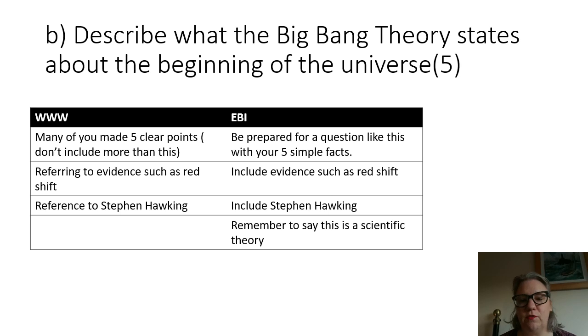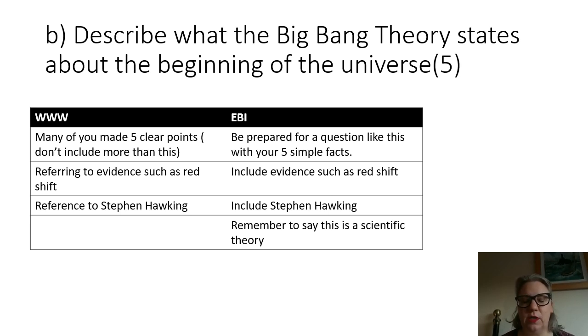Next, it would be great for this kind of question, so Big Bang or evolution, to have evidence to support it. So for evolution, it might be fossils. For Big Bang, redshift that we've already mentioned. It also enables you to get that kind of 5th point.